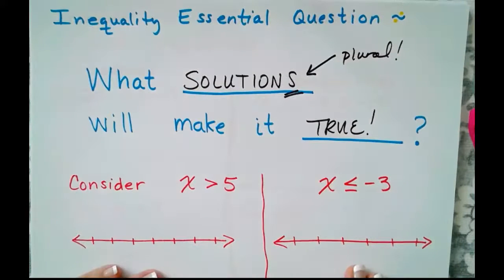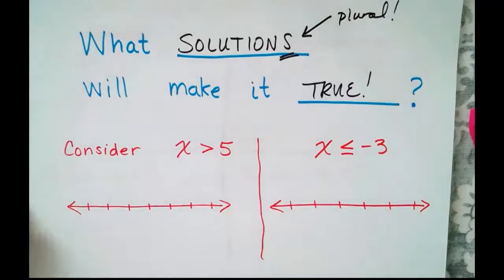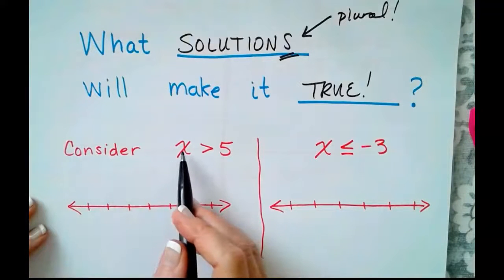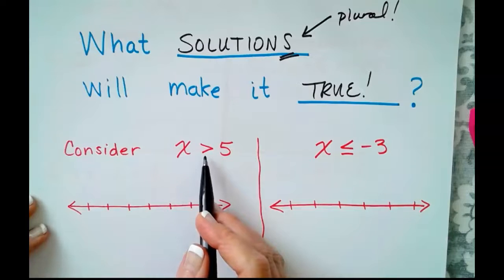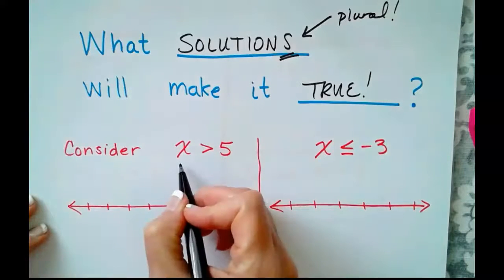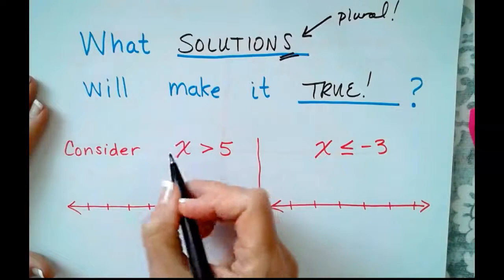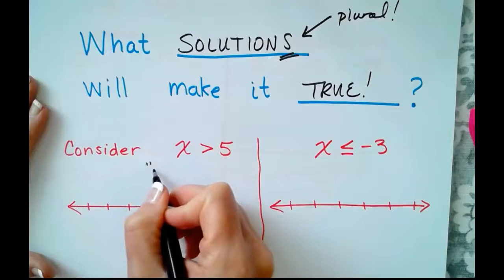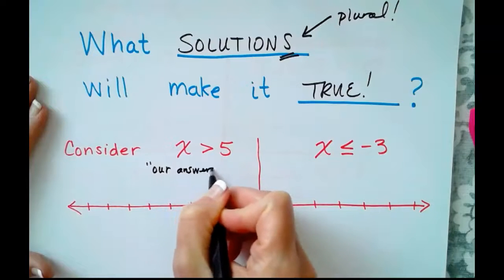So let's consider these two inequalities quickly when thinking about this essential question. If we have x is greater than 5, x is strictly greater than 5, one thing you can do here is anytime you see the variable expression, you can just replace it with the phrase "our answers."